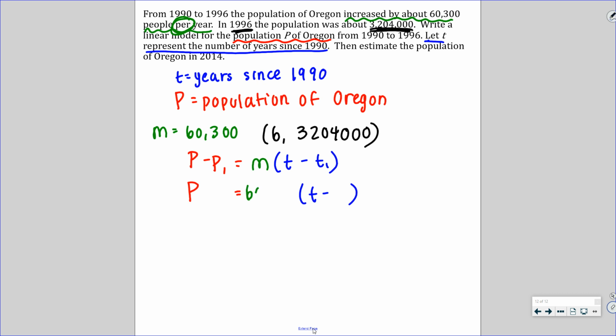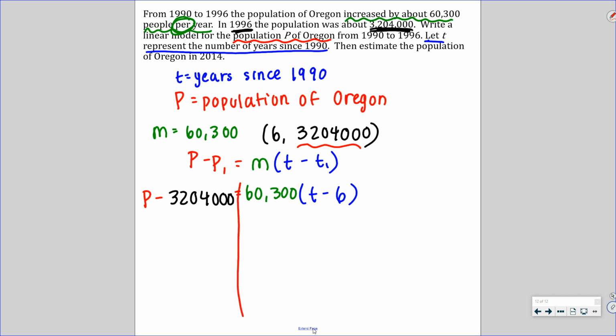It's 60,300. And I know a random point. I know that in year 6, so that's my T sub 1, the population was at 3,204,000.